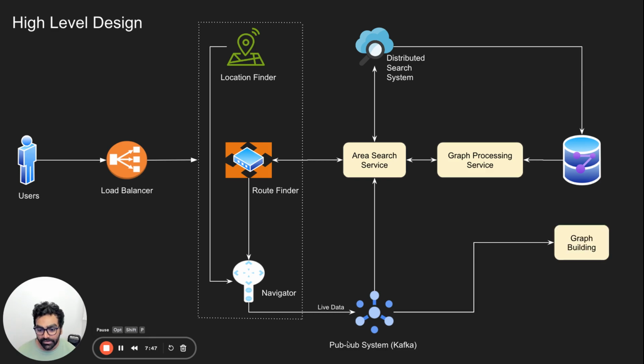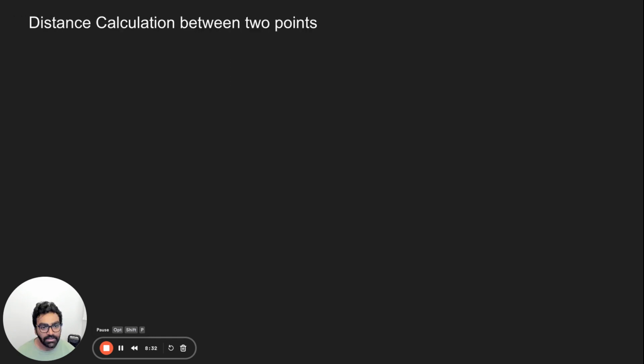When the live data gets passed here, it is sent to the graph building service. This service is responsible for building the graph based on the new lat long the user has just sent, which is saved into the database, and the area search service picks the data from the database.